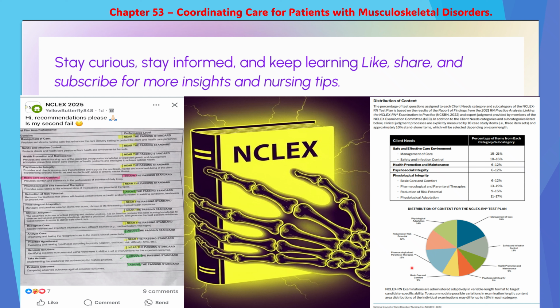Imagine if you have 100 questions and some of the questions on the select-all-that-apply have more than one of those categories here. At the end of this video, I will show you 3 select-all-that-apply questions that have 2 of these, basic care and something else, and then management of care.